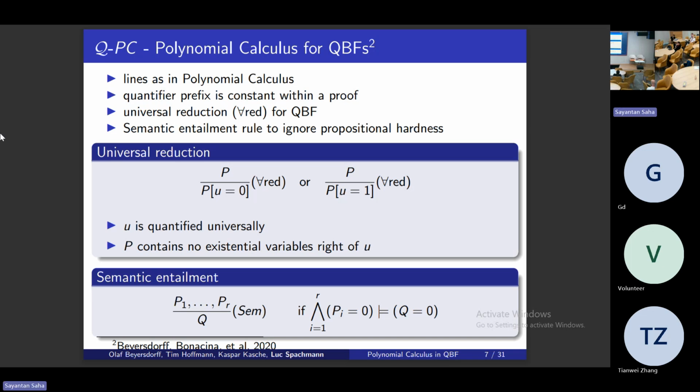But we use this to get a genuine QBF hardness, because any lower bound for the polynomial calculus in a propositional setting is automatically a lower bound if we add this for all reduction rule. And that's not too interesting. But since this is just a simplification, any lower bound we show for this version obviously also holds if we don't have the semantic rule and just the normal rules for PCR.